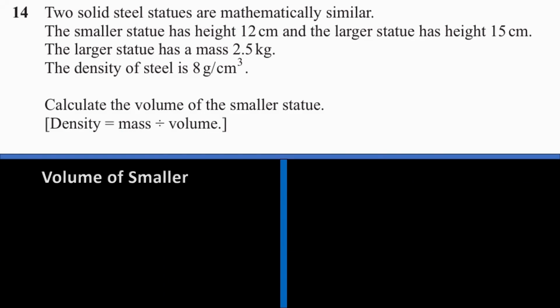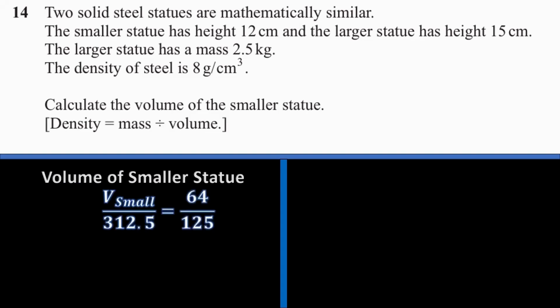And so here we say volume of smaller statue equals the volume factor, which is the volume of the small over volume of the big. Now we have the volume of the big. All right. So volume of small, which is unknown, over volume of big or large statue, which is 312.5 cubic centimeters, equals the volume factor, which is 64 over 125.